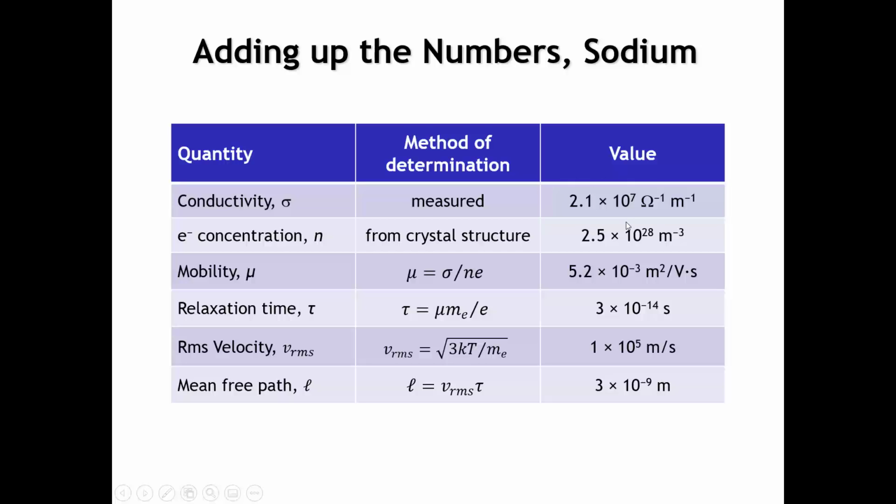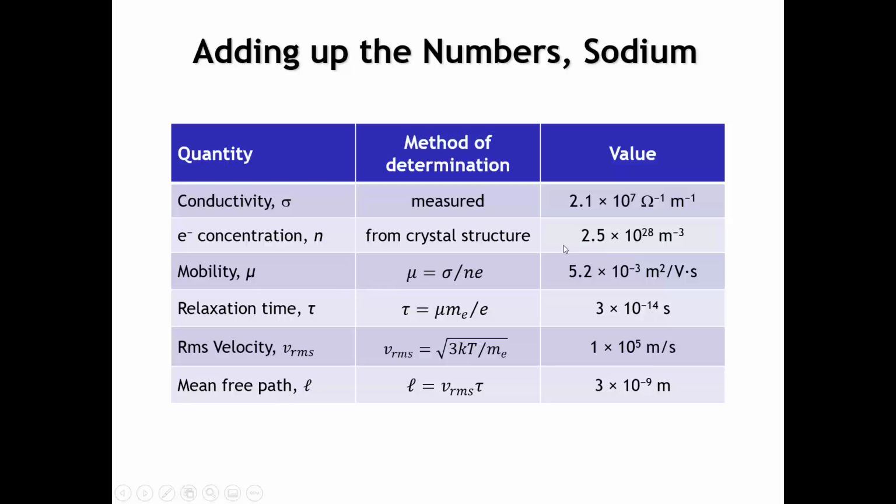We can just measure that. The electron concentration, we could come up with an estimate of that by assuming that every sodium atom gives up 1 valence electron to carry the charge. And if you just look at the crystal structure, we can calculate that the density of sodium atoms is 2.5 times 10 to the 28th for every cubic meter.